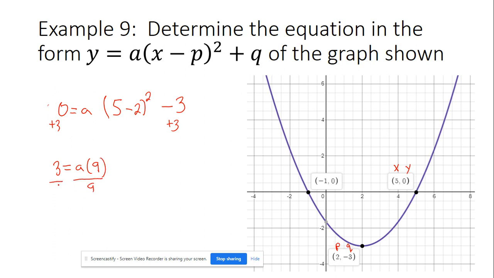Divide both sides by 9. Now 3 over 9 simplifies to 1/3. And that's going to be my a value here. So I got 1/3. So y equals 1/3 (x minus 2) squared minus 3.